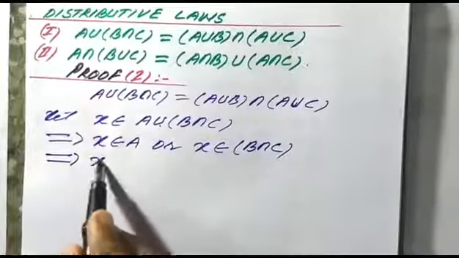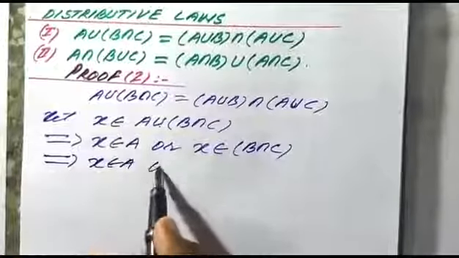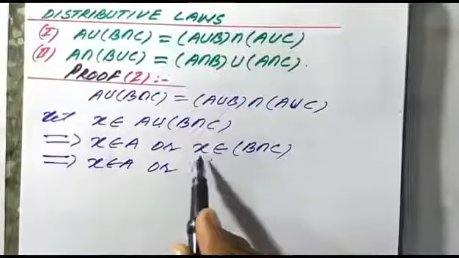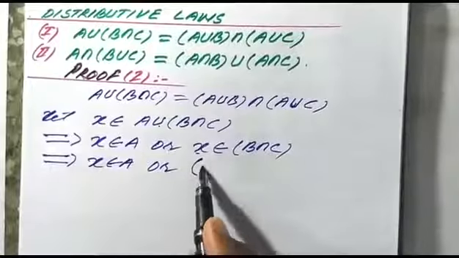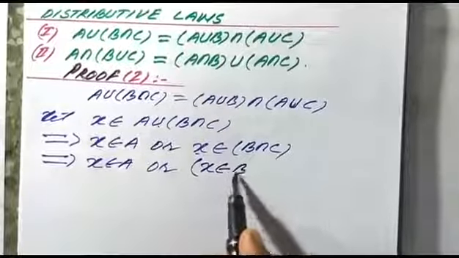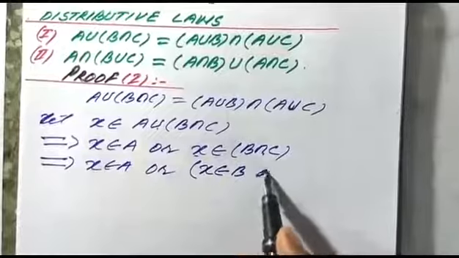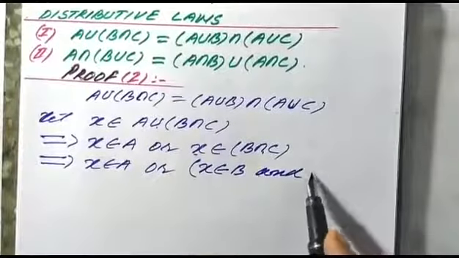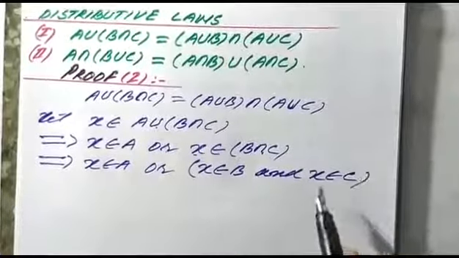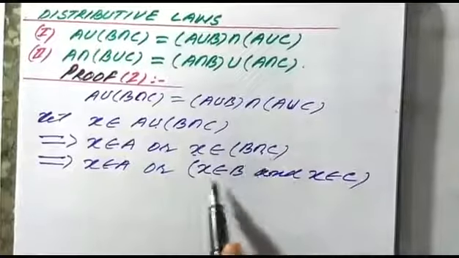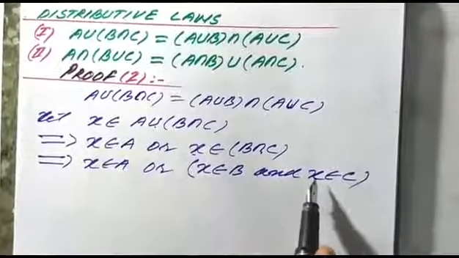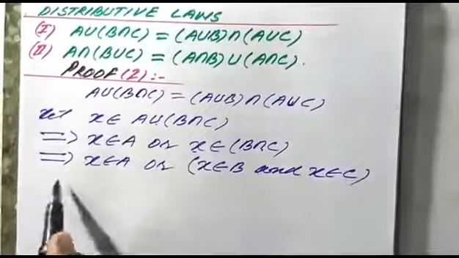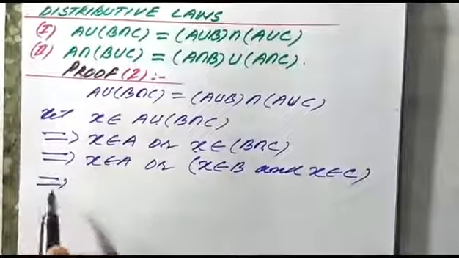It implies that X belongs to A as it is, OR, and we may write this statement as X belongs to B, and for this intersection we may use the word AND, X belongs to C. X belongs to B intersection C implies that X belongs to B and X belongs to C. It implies that.